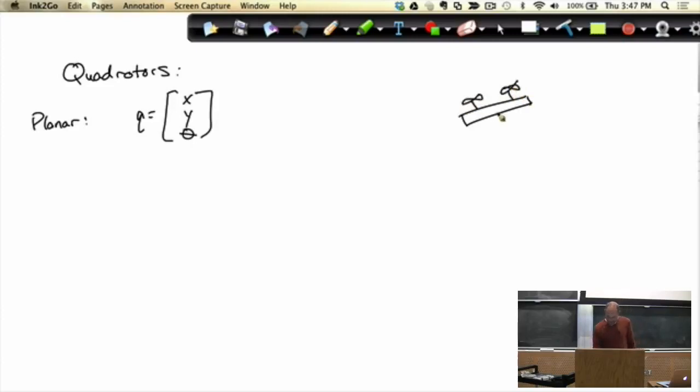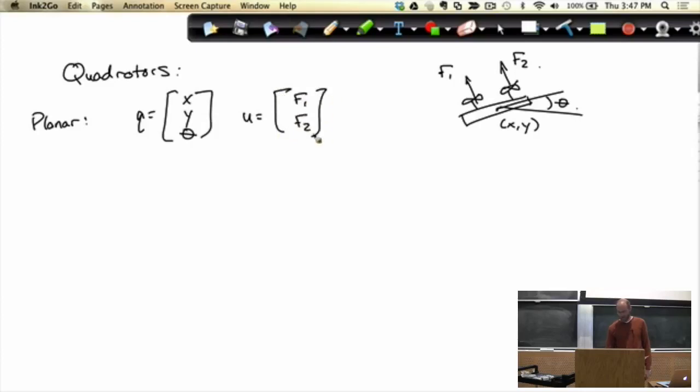So that's my xy position, and then I call this theta. My control inputs u in the planar case are just thrusts, force 1 and force 2. I guess a planar quadrotor's really only got 2 rotors. Maybe it's a birotor, but we'll call it a quadrotor because it's the cool thing these days. So u is just f1 and f2, right?